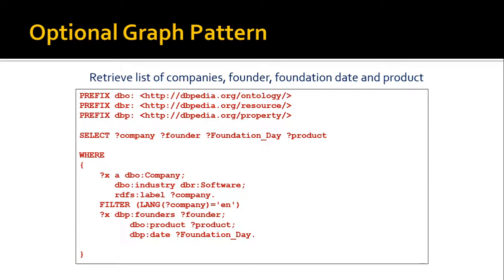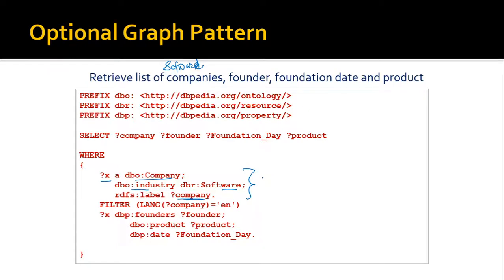So for example, here we are trying to retrieve the list of companies. I want to list down all the software companies. So how do we do that? We say that X is a type of company and the industry of X is software, and here we are getting the string name of the company. So this is the baseline.